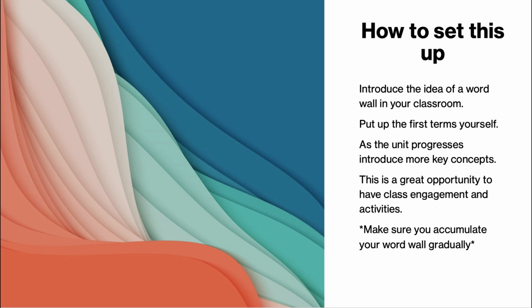But the thing you really want to focus on is making sure that you accumulate your word wall gradually. You don't want to throw 10 or more words at them in a day, because that's just so many words for them to try to memorize and understand. So you want to do this gradually, a couple each day as the unit progresses.